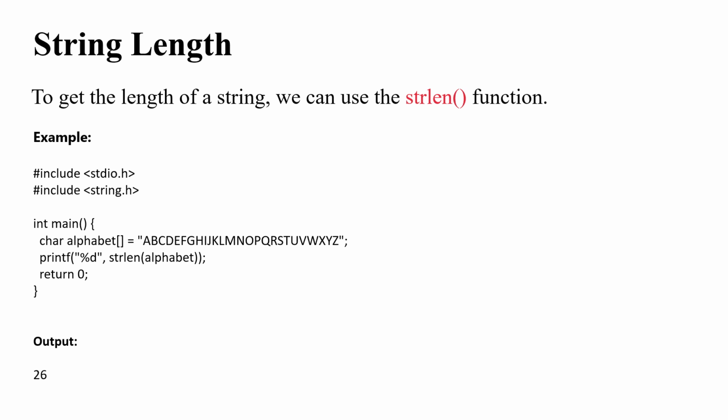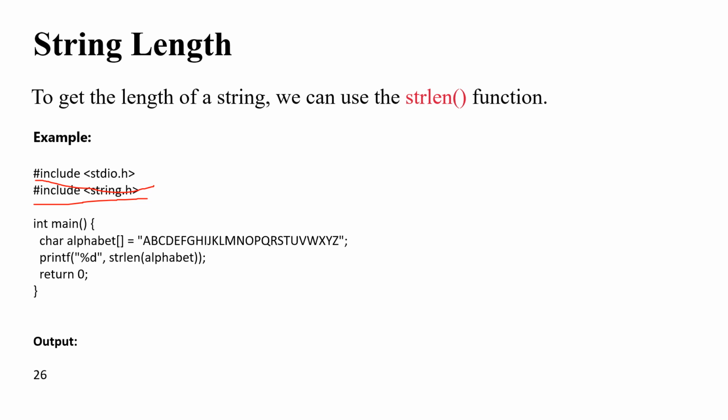So the example C program has been given here. The first statement is stdio.h, which is used for standard input output, and as we said, string.h is also included here to handle the strings.